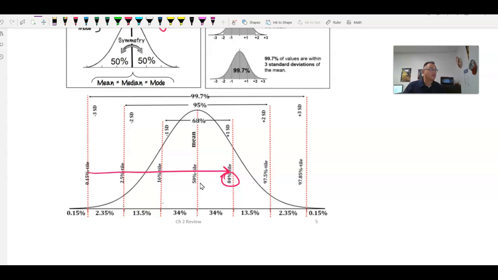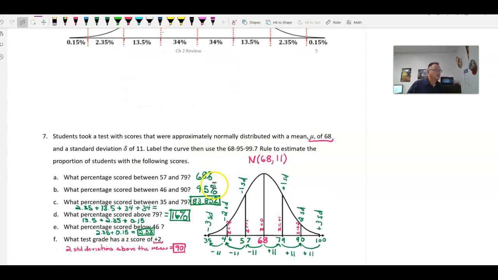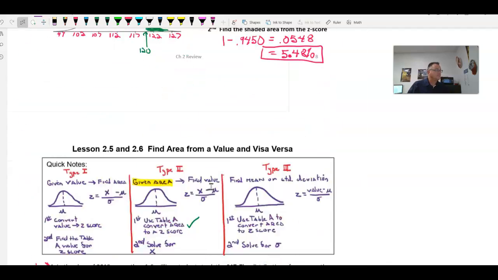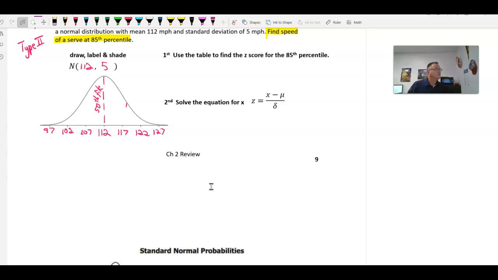We're going to draw our line a little bit to the right, and then we're going to shade. So it's going to be just a little bit to the right of this first standard deviation. Okay, and now we want to find the area right here.